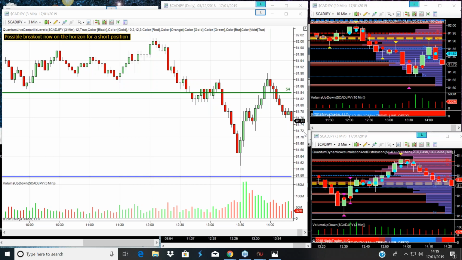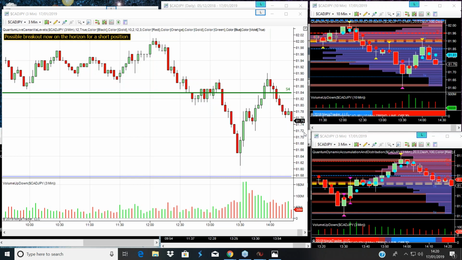You know the price will either struggle to get through, or if it breaks through the S4, it can be considered an authentic, genuine breakdown or breakthrough. But as always, everything has to be seen through the prism of volume price analysis.